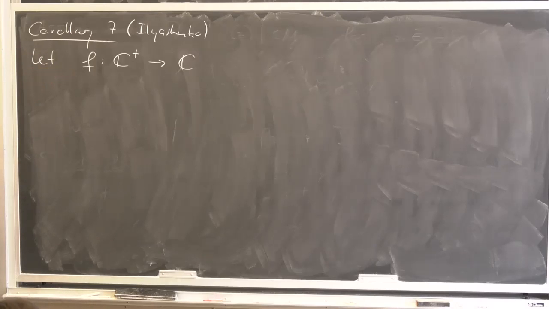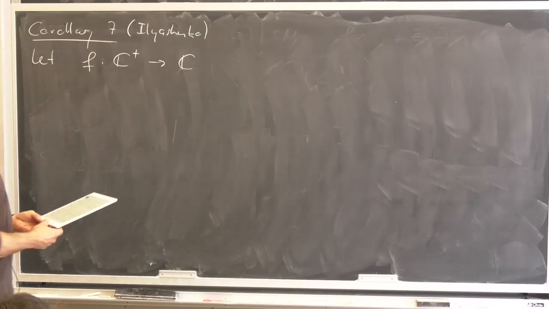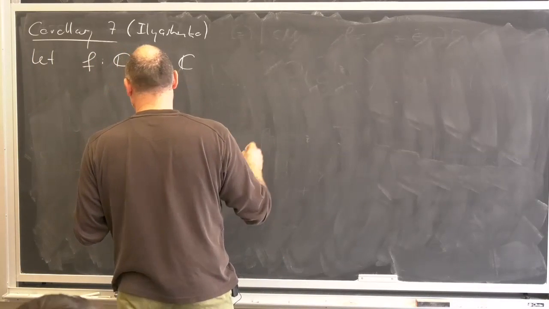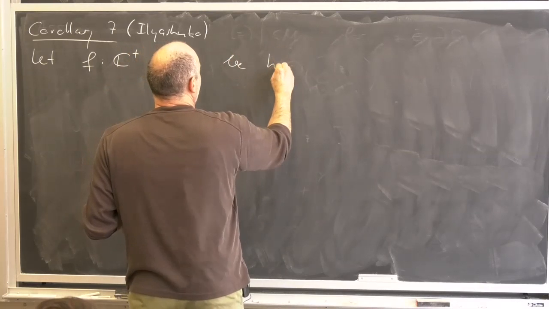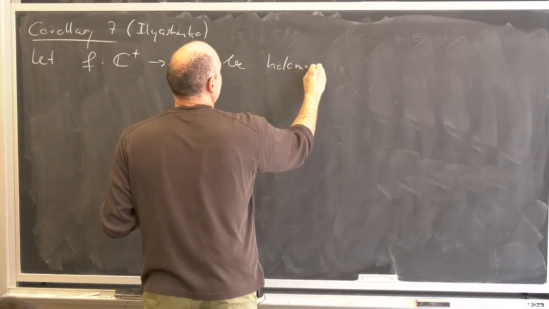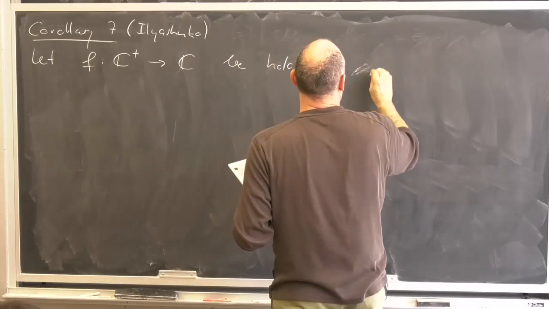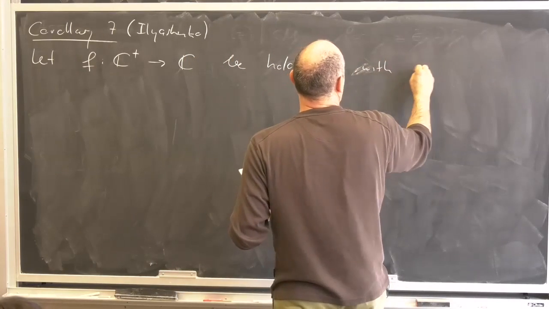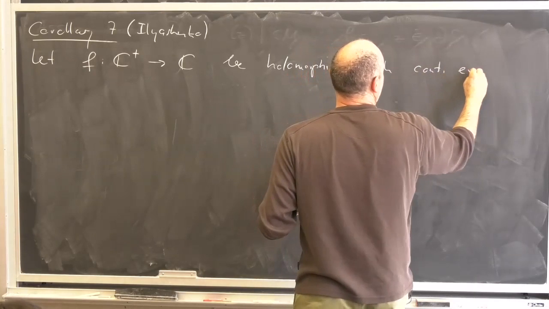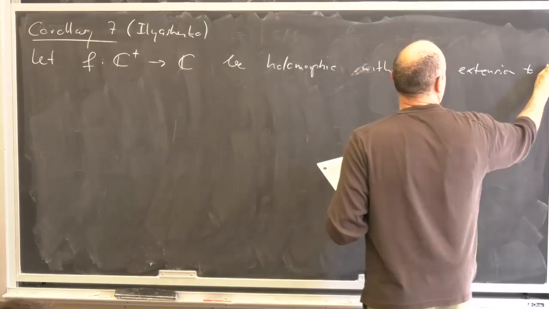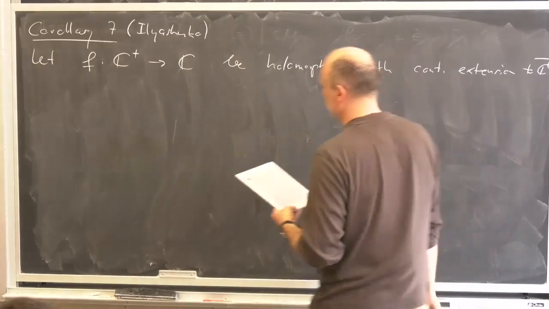But in fact, there's another way that we can get order exactly alpha, if we make another assumption instead, and that's what we're going to do here with the half plane. So let it be holomorphic on the half plane, holomorphic with continuous extension to C plus bar.